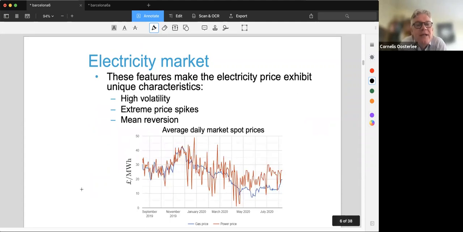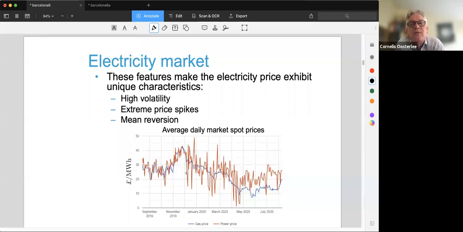Well, here we see a picture of the daily market spot electricity prices from September 2019 up until July, August 2020. We have the gas price in blue, and we have the power price in red, and you see that the power prices are clearly more volatile, more spiky.